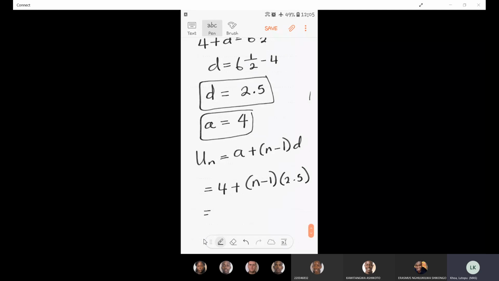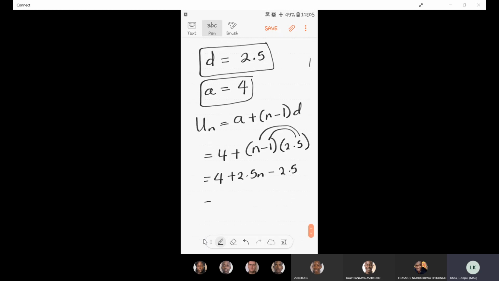So work this out. The 2.5 must multiply inside the brackets. So I have 4 plus 2.5n minus 2.5. And then you subtract those, 4 minus 2.5.